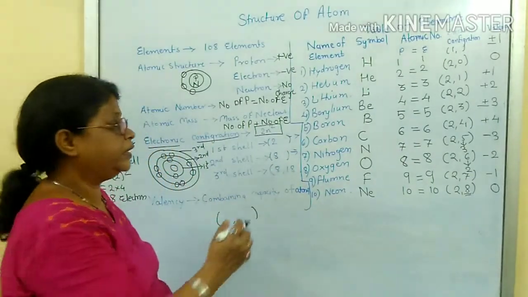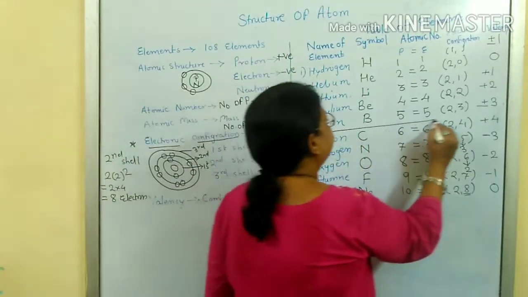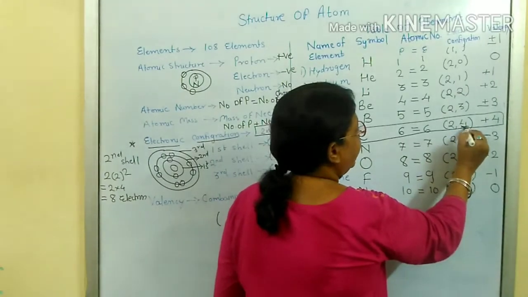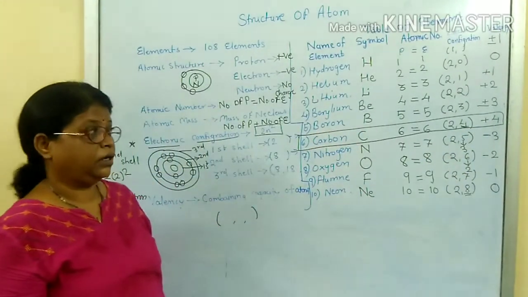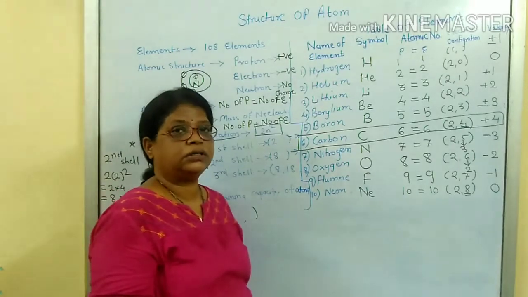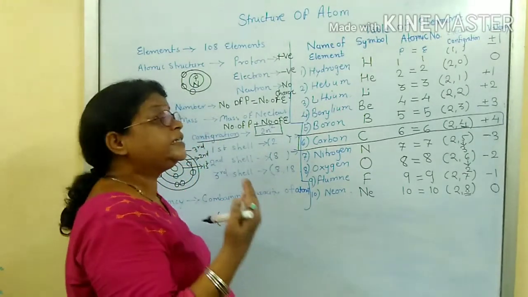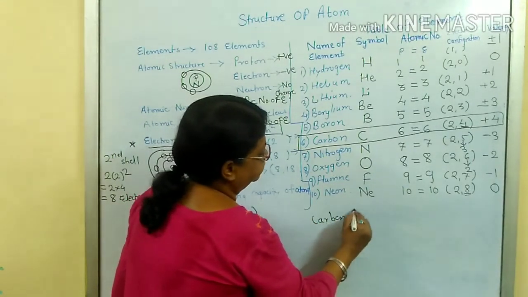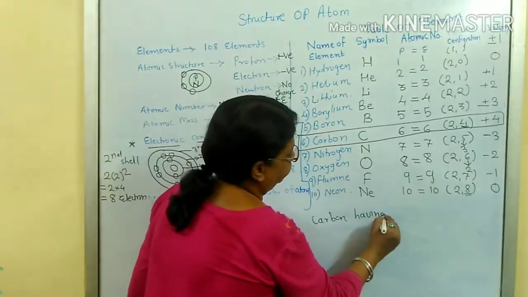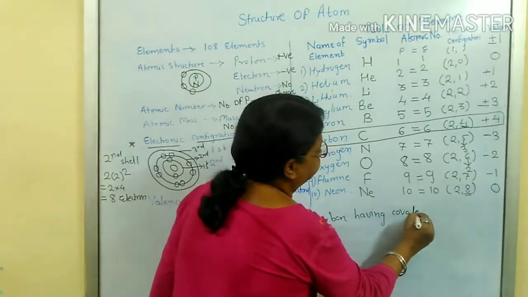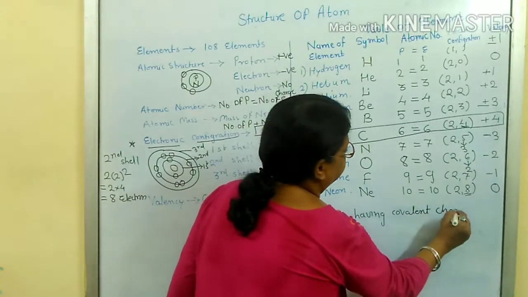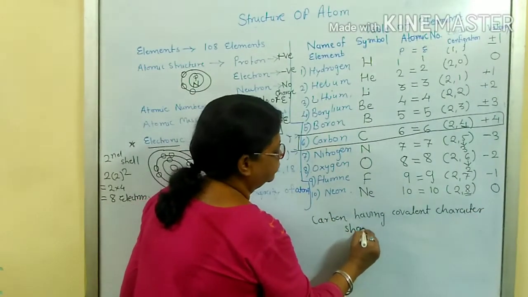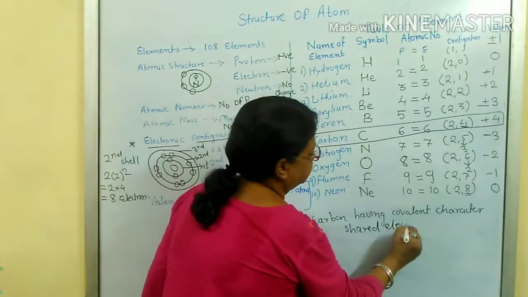But in the case of carbon, carbon is an extraordinary element because it has 4 electrons in its outermost shell. So it does not give electrons or take electrons. It shares electrons. That is why carbon has covalent character, meaning it shares electrons.